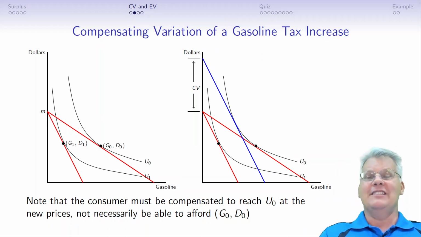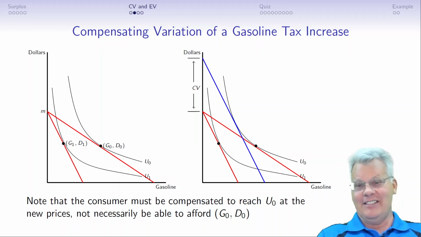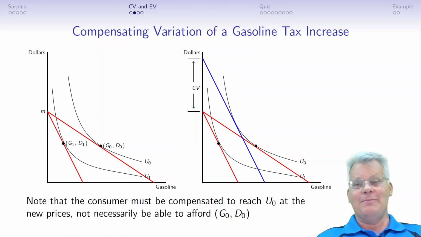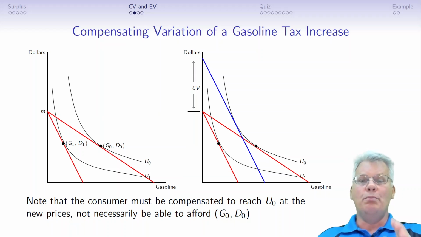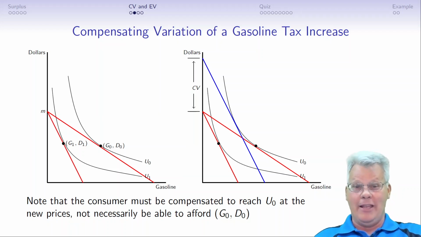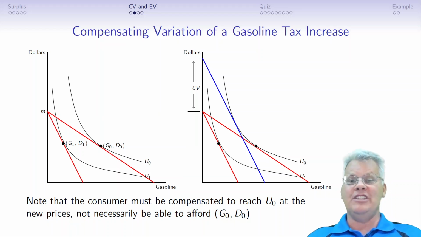How much income do I require to compensate me, or to make me as well off as I was before? If the government has increased gas taxes, the budget line has become steeper. So I think about this new blue imaginary budget line, which now intersects my original utility level U sub 0.